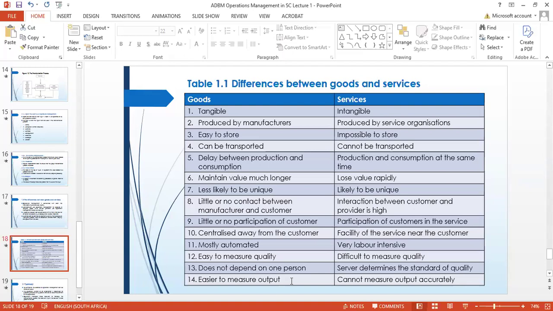Okay, do you have anything to add on the differences between goods and services? Maybe you have something that you need to add, which is not here. Anyone to add? Notando? Zile? Anything to add? Tandeka? Is there anyone who wants to add differences between goods and services? Cindy?